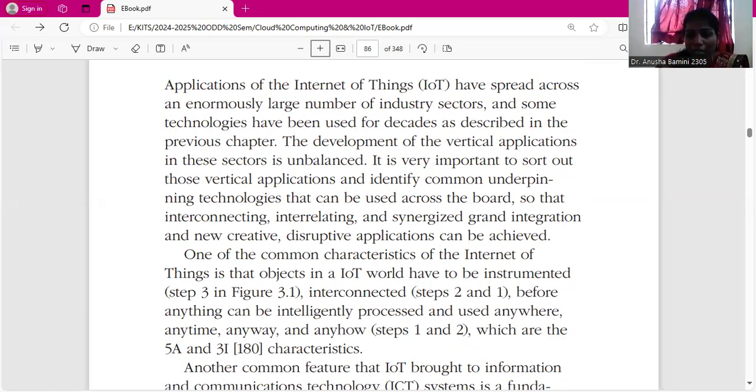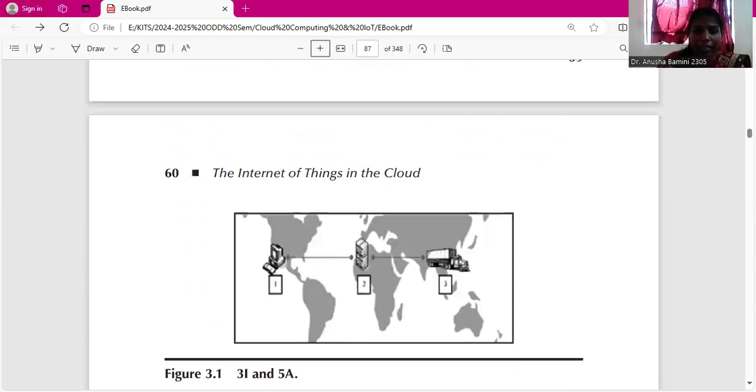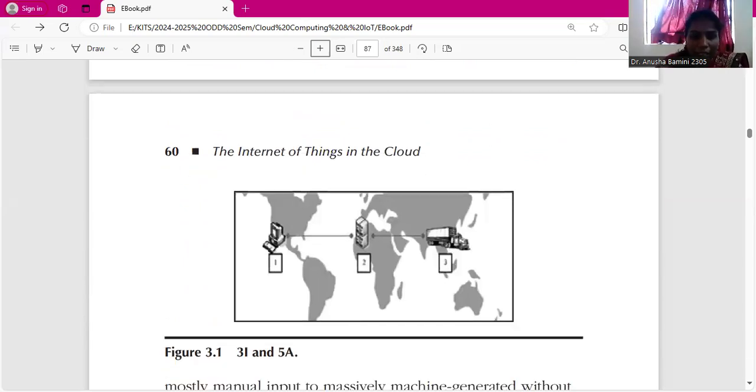This would be explained with the support of a diagram. So this is the diagram. You can see the numbering between these three objects. First is the computer, second is the server, then the third is the vehicle. This vehicle is interconnected with the support of an IoT device, which means tracking.